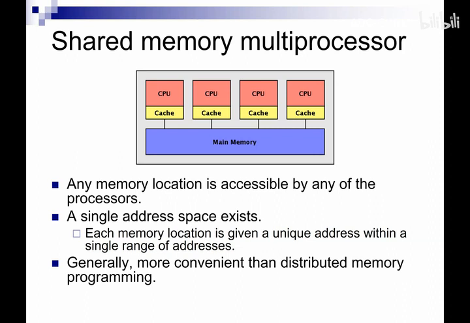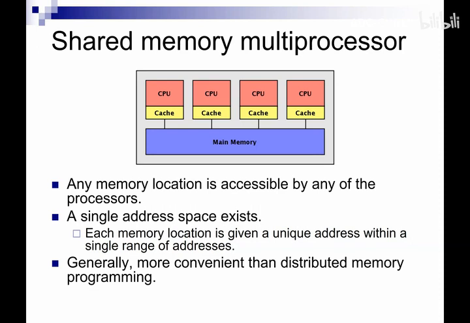The main advantage of doing shared memory programming is that it's more convenient and easier to write than distributed memory programs. That's because, for example, when we did MPI, we saw that whenever you want to get a piece of data, you need to coordinate between two processes, because you need to send a piece of data and the receiver also needs to receive it.